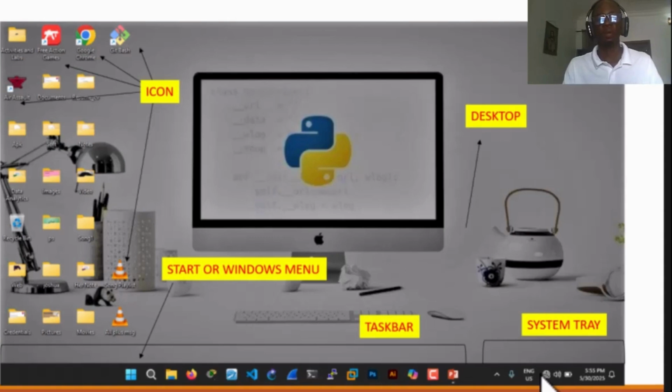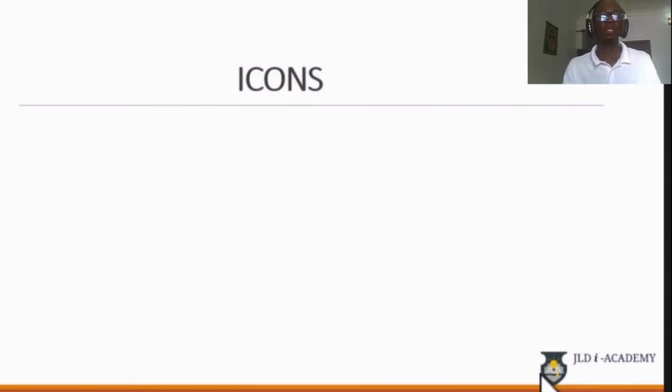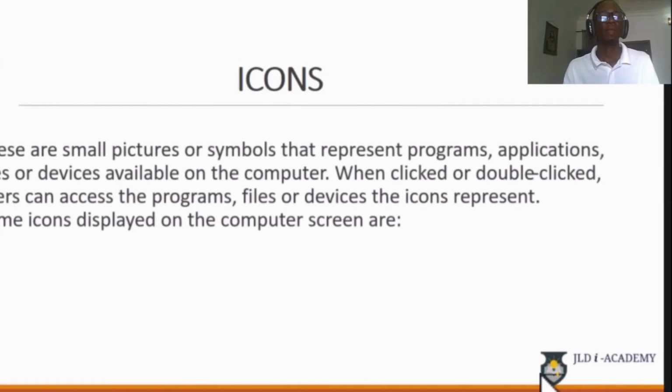Now let's talk about icons. I will explain it more in the next slide. Now, what is an icon? Icons are small pictures or symbols that represent programs, applications, files, or devices available on the computer. Basically, just like we saw in the previous slide, those images that represent an application installed on the computer are called icons.